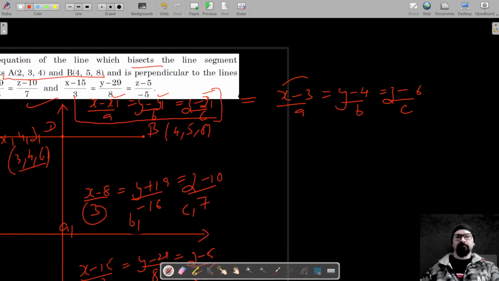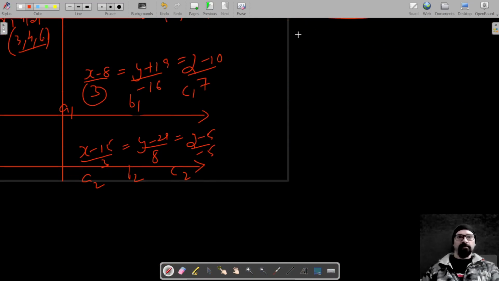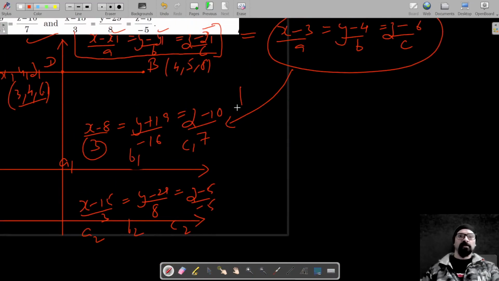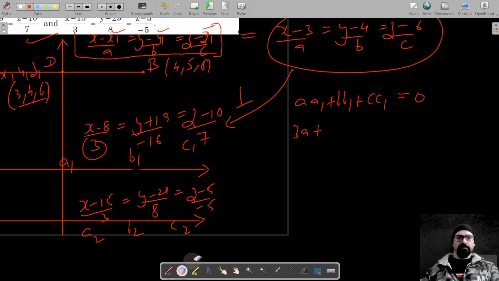Now, this line is perpendicular to this one, so the sum of the products of the direction ratios, that is a·a1 + b·b1 + c·c1, should be equal to 0. This means 3a - 16b + 7c = 0.